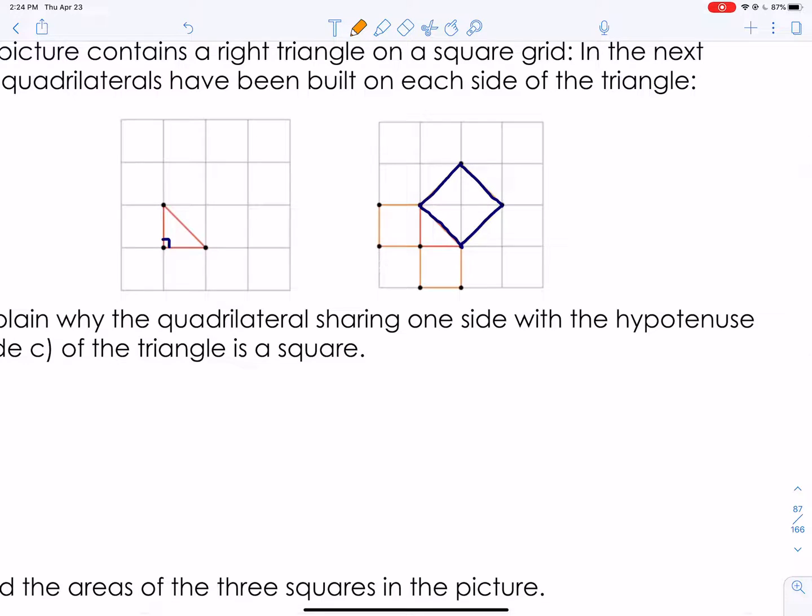So remember, squares have equal side lengths and 90-degree corners, right? Vertices. So if we can show those two things, then it's a square.